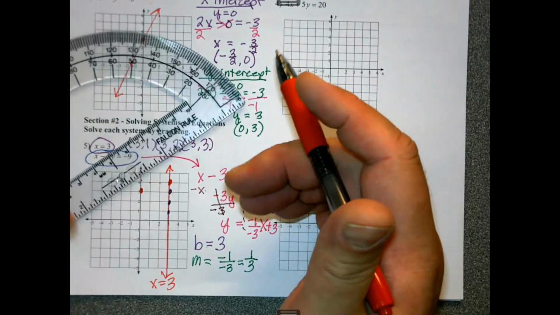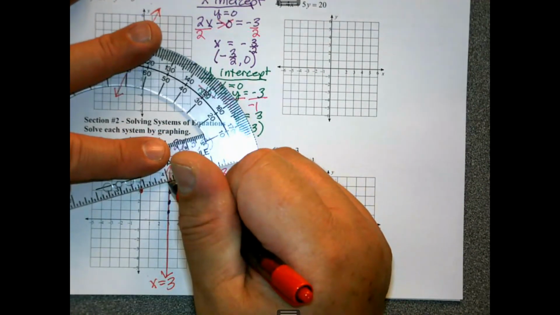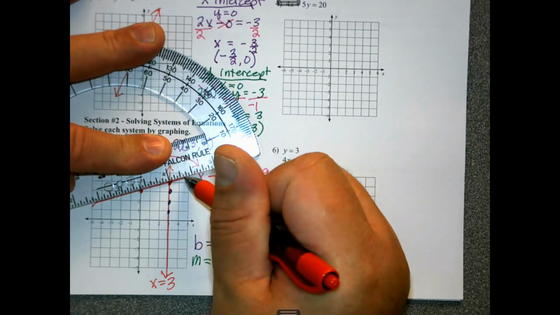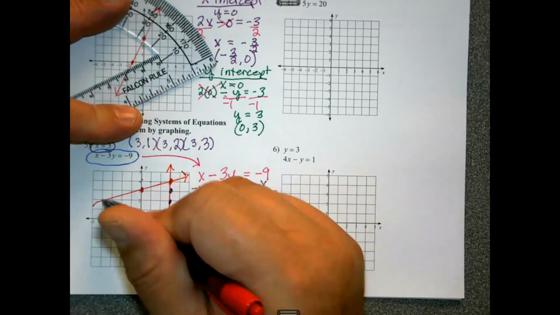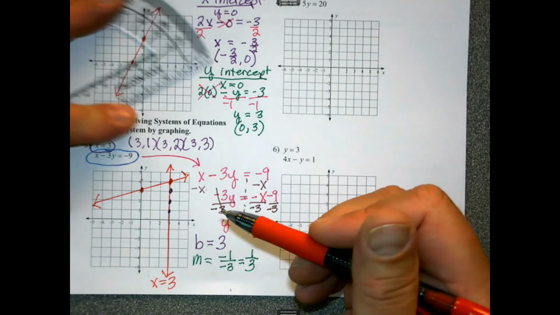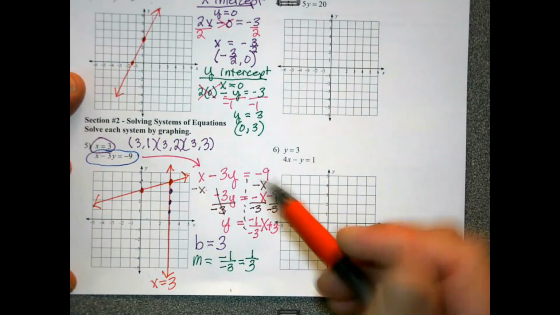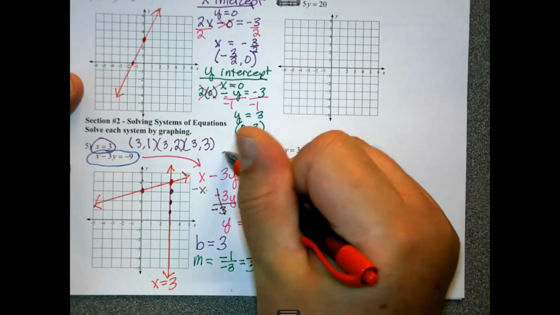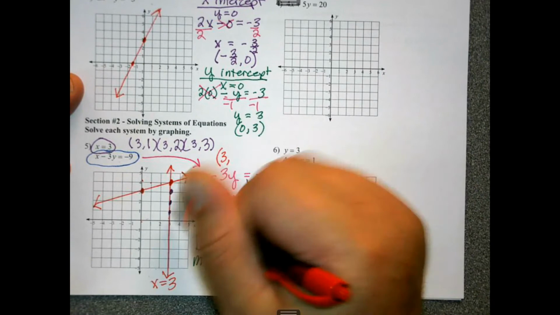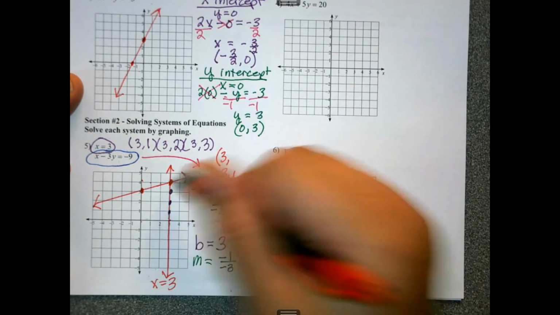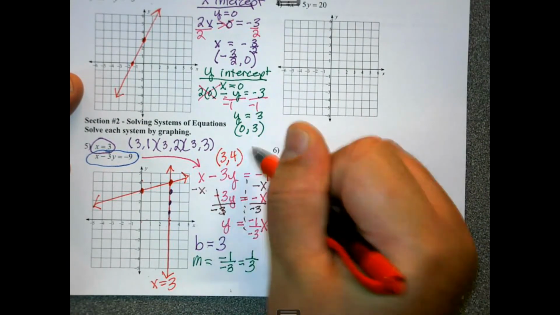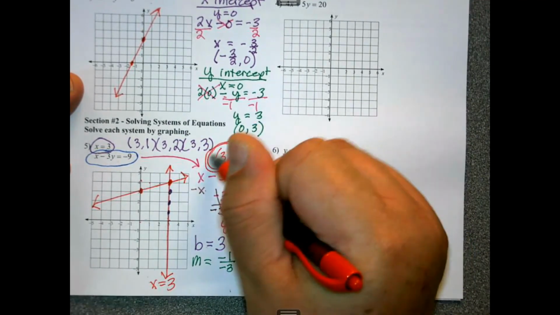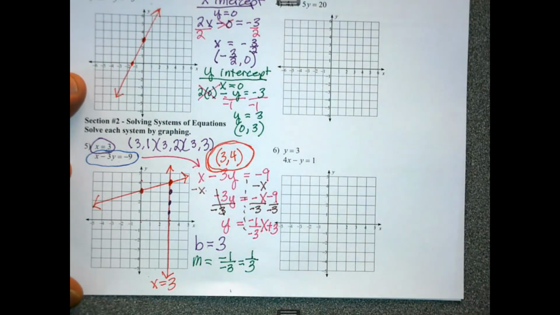So this has, remember those 3 scenarios, intersects at exactly 1 point, so it has exactly 1 solution at the point 3 comma 4. By the way, you must put your answer in as an ordered pair.